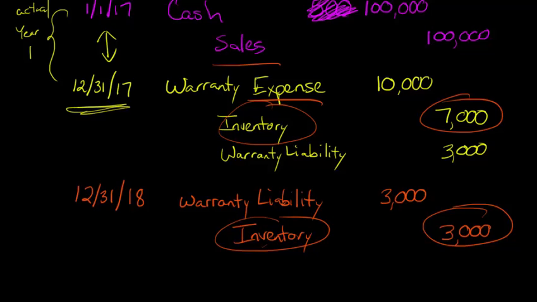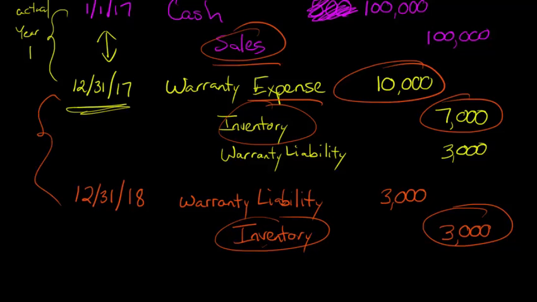Instead of having all the expense up front matched with the sales, we would have spread it over the 2 periods as we actually had defective products come in. So you see that when we accrue the warranty expense and the warranty liability, it does a much better job matching the expense with the same period in which the sales occur that actually are going to lead to the liability.